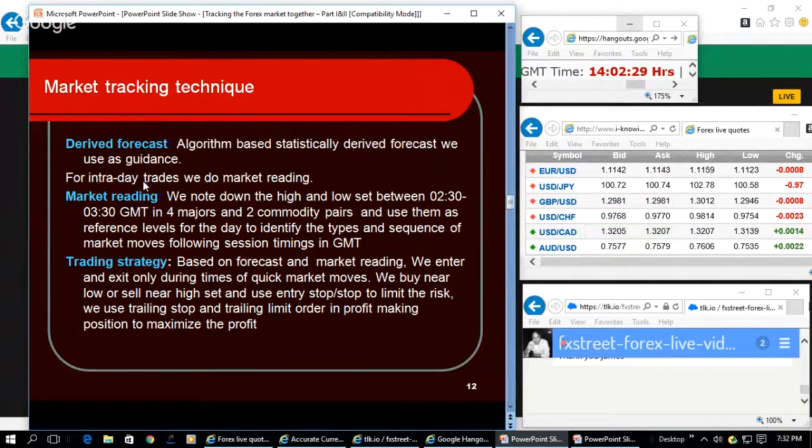With the help of that, we are in a position to understand how the players are expected to make moves in different currency pairs against the US dollar, in favor of the US dollar, etc. Then we do the market trading in individual currency pairs by noting down the initial lows and the highs around 3:30 GMT and find out how they are making the moves in the market. Then we are able to fine-tune our trading decision.